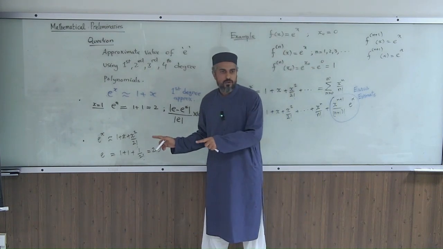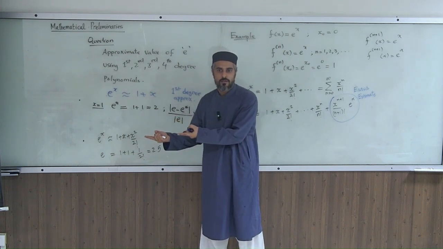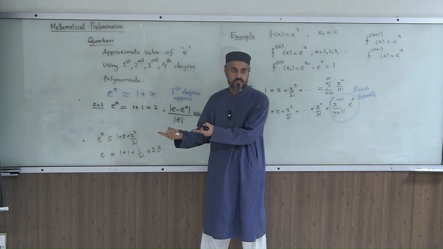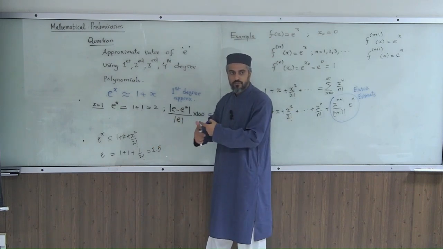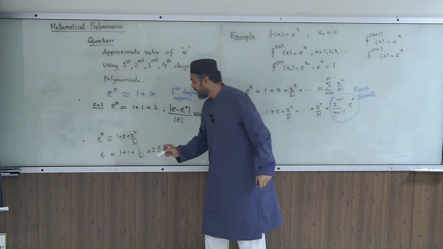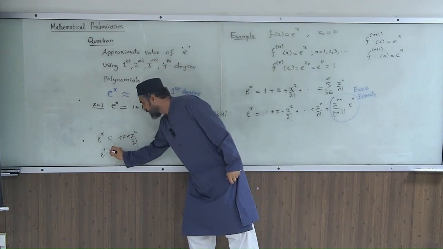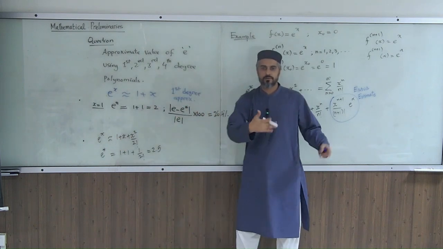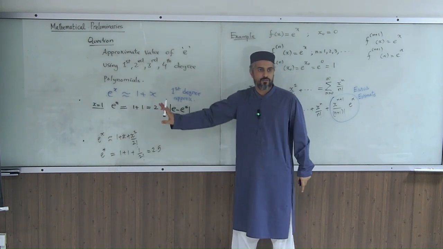Now this is again the approximation of e, but with the second degree polynomial. So we're trying to increase the order of the polynomial. I'll just call it e star because it is an approximation of e. It's not the power of e.